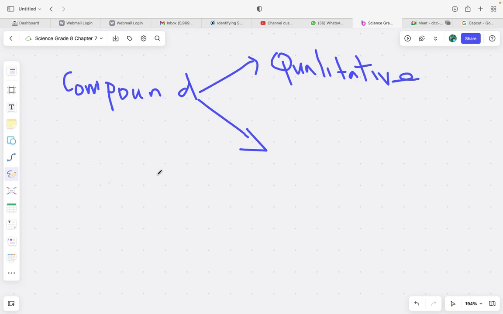For example, if the compound is sodium chloride, it tells the scientist that this compound is made up of sodium and chlorine. The second method, quantitative, tells us how much quantity of each element is found.